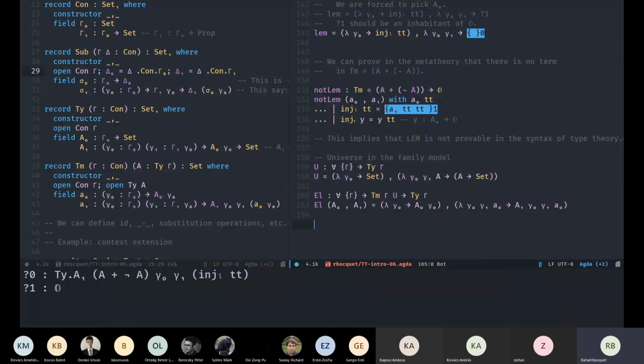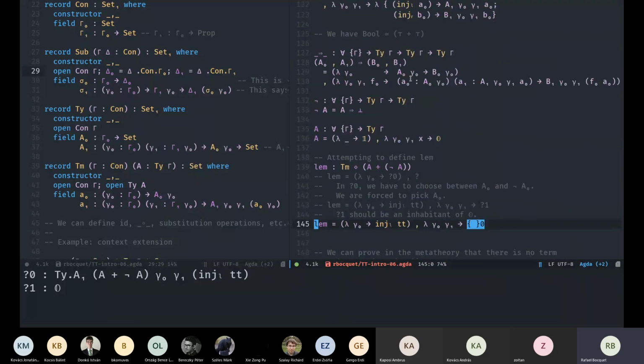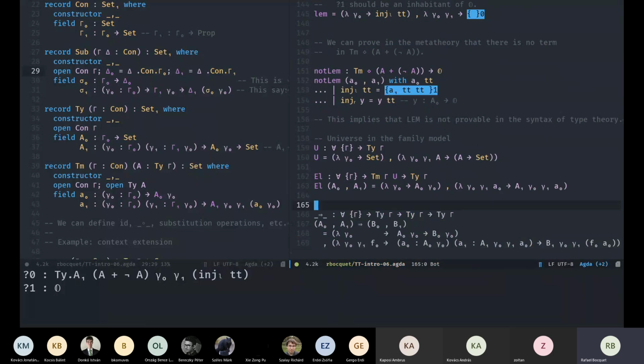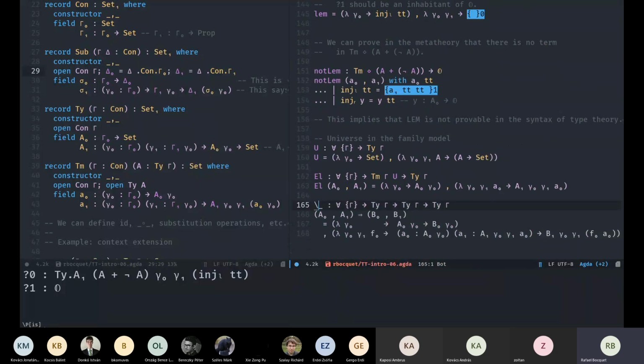Okay, and if we want to define the polymorphic identity functions, we first need to define pi types, but we already have functions, and pi types will be similar.